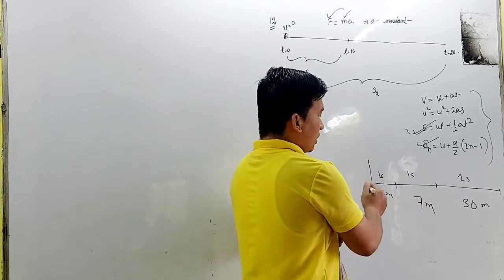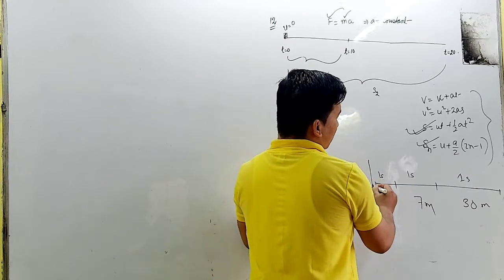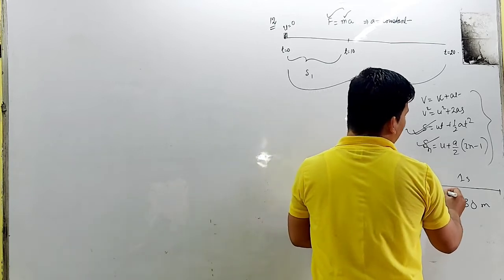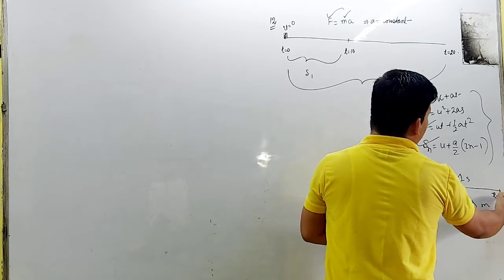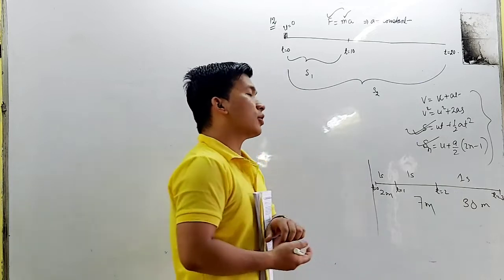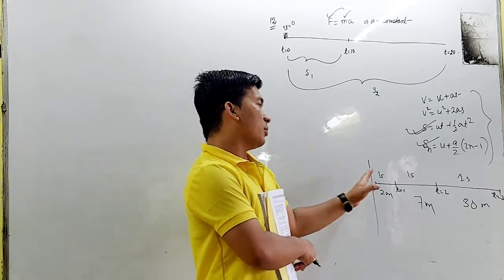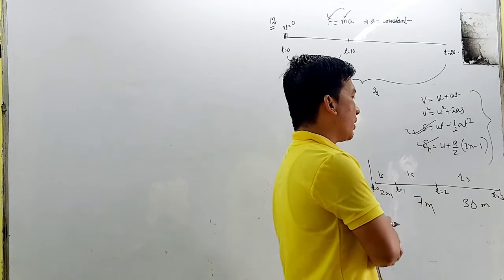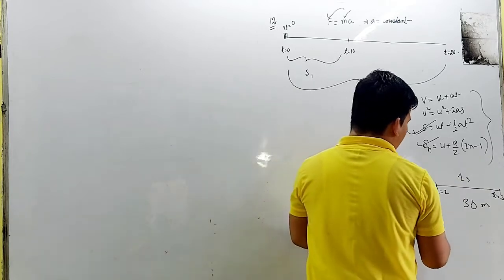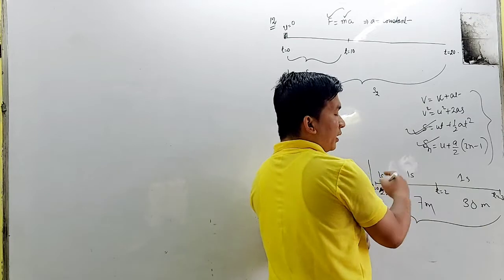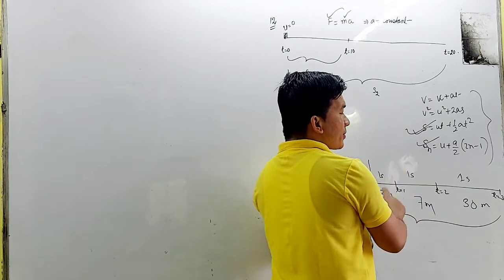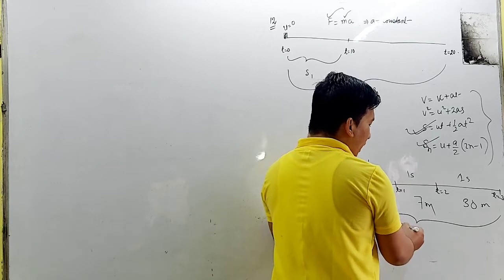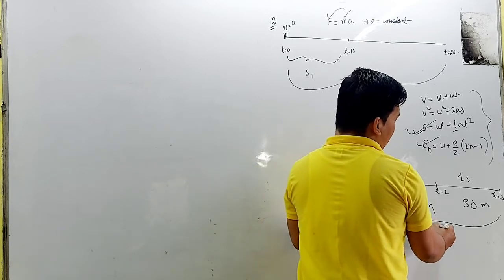So here t is equal to 0, the starting time must be considered as 0. This is t equal to 1, this is t equal to 2, and this is t equal to 3. If we consider the total duration of motion, it will be from 0 to 3. For a total duration, what will be the displacement? The total displacement produced by any moving object in a given duration is represented by s equal to ut plus half at square.